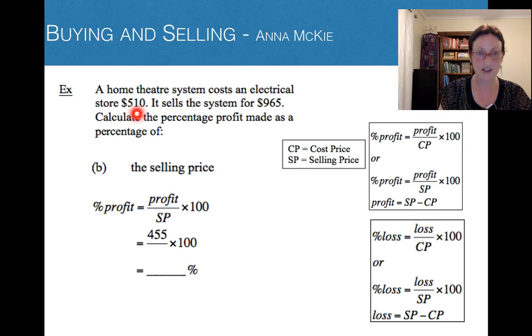So which one? This one or this one? Well, it says sells here, so that's a bit of a clue that that's going to be the selling price. So that's $965. And we would multiply that by 100 and get 47.15. So having these little formulas will be really handy.